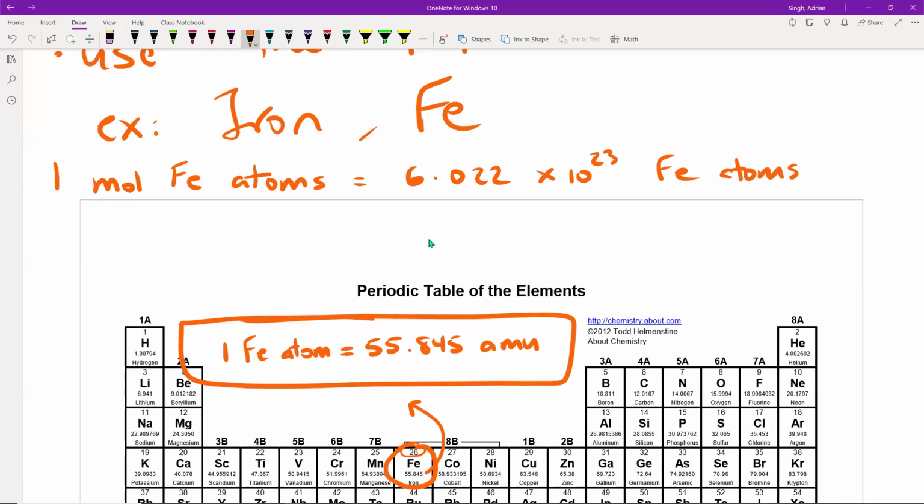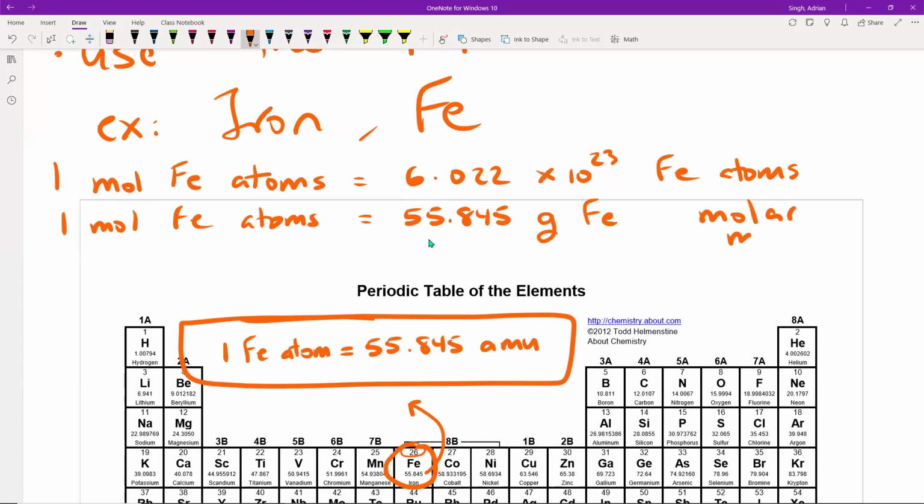What we find is that the 1 mole of Fe atoms is actually equal to 55.845, not AMU now, because that would be the mass of just one iron atom, but 55.845 grams of iron. And this is the molar mass, the mass of 1 mole of Fe.